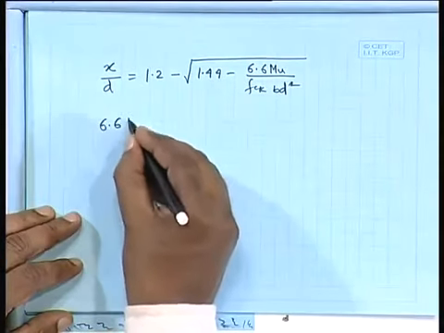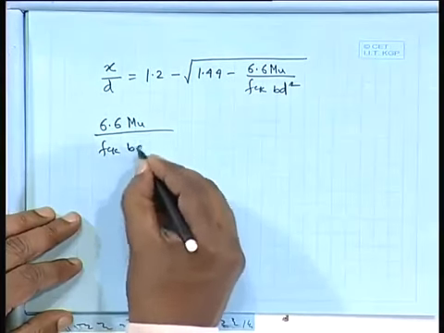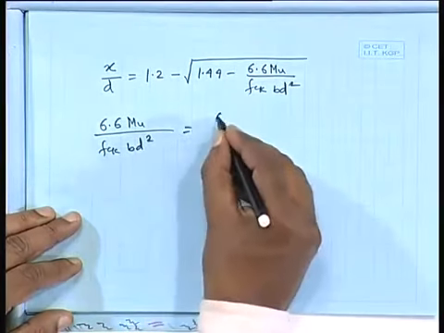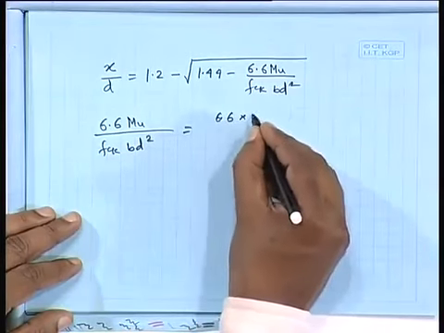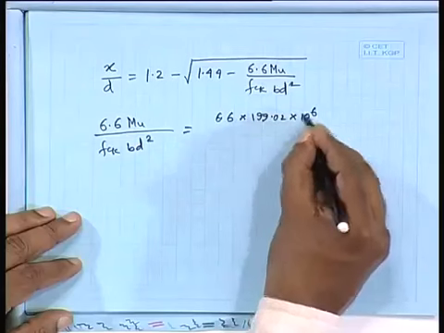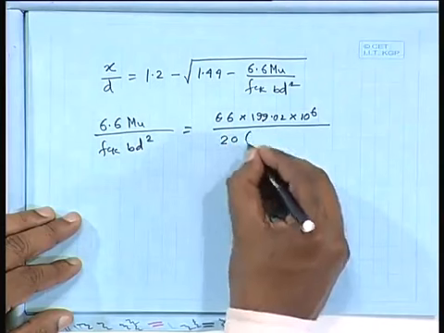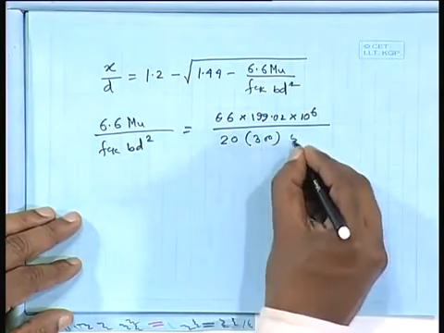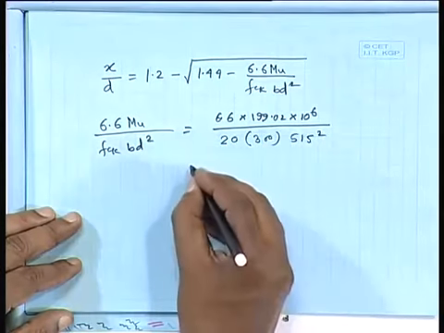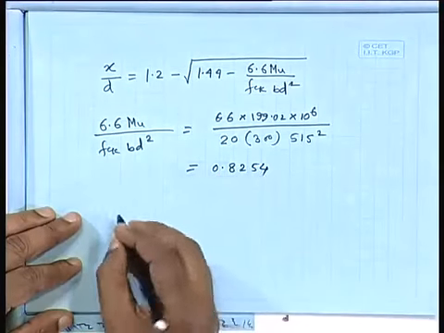Let us calculate this one separately. 6.6 times 199.02 into 10 to the power 6 divided by 20 times 300 times 515 whole square, which comes as 0.8254.